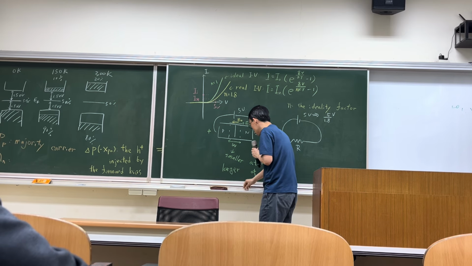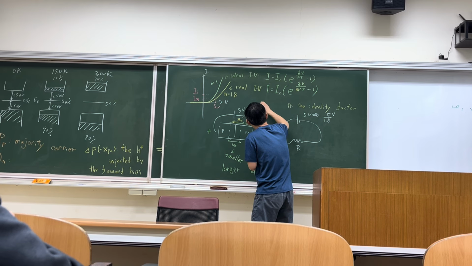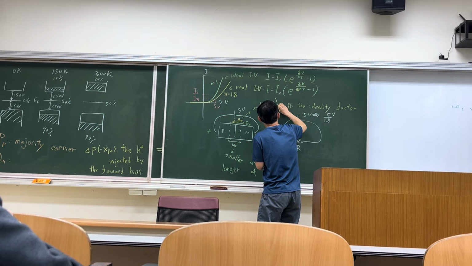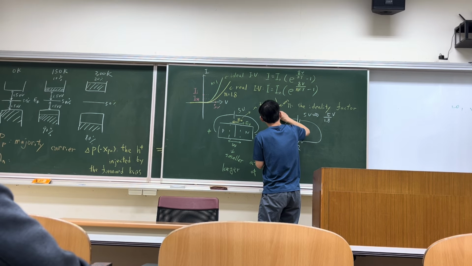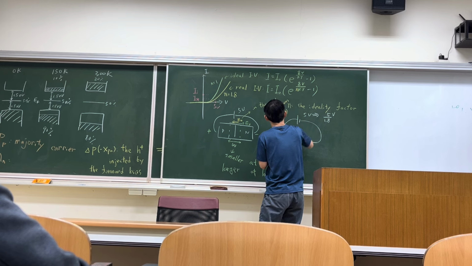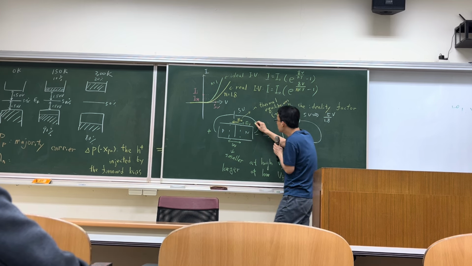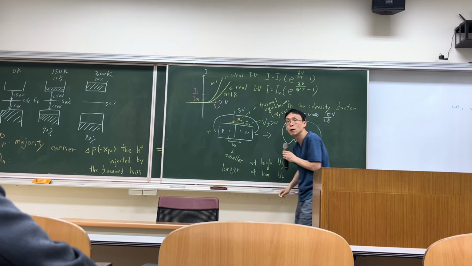So this is the thermal equilibrium, where you have zero bias, VF equals 0. And this green EF is due to VF larger than 0.